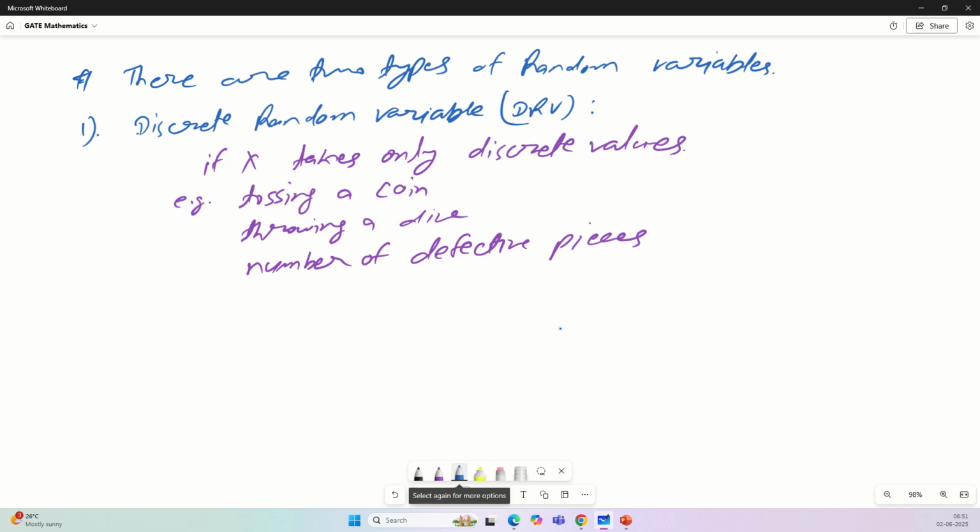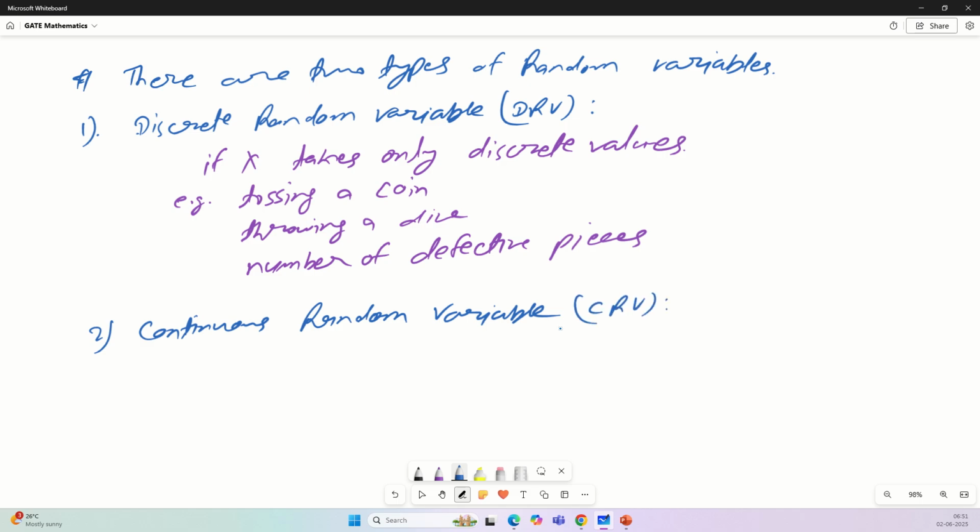Number 2 is continuous random variable. This can be written as CRV. So what it does, it basically takes all, like if x is a random variable, it takes all continuous values, or all values between certain limits.